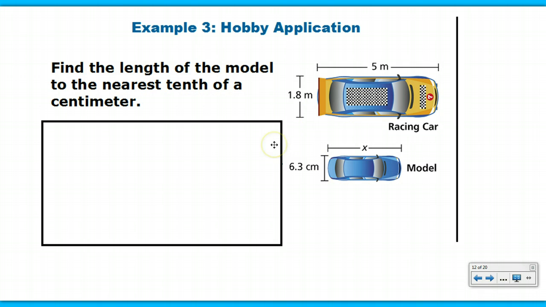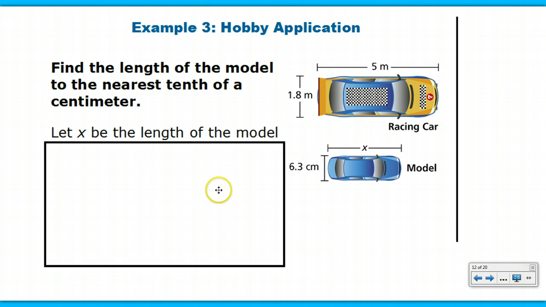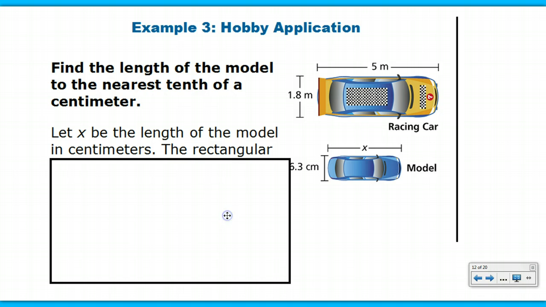So this is like in pre-algebra when we were using scale, right? So if we know that this is a scale model, then with this much information, we can set up a proportion, can't we? We know that it can be set up in 8 ways, but we know that X is the length of the model in centimeters.